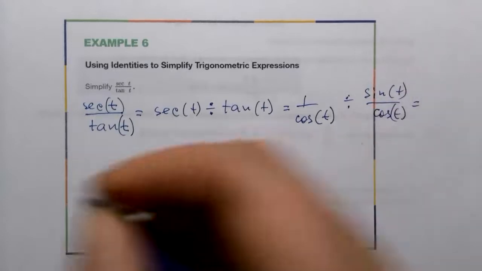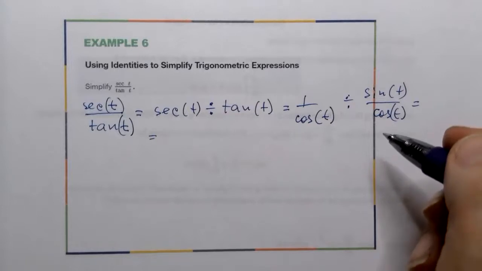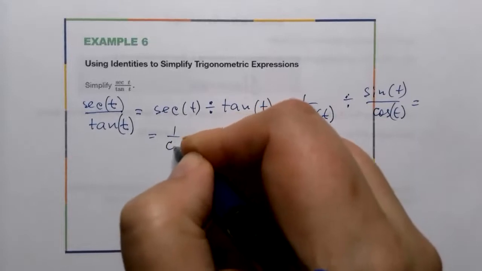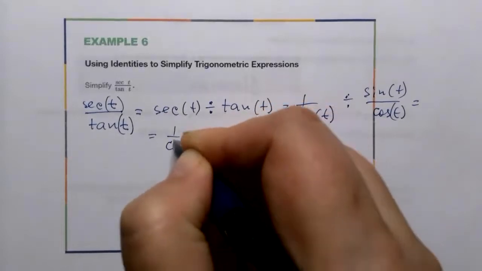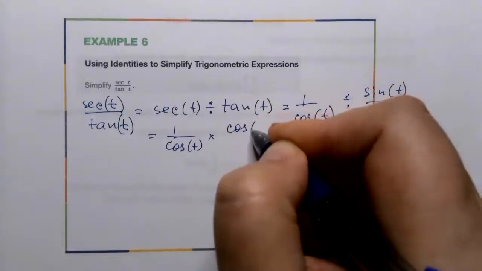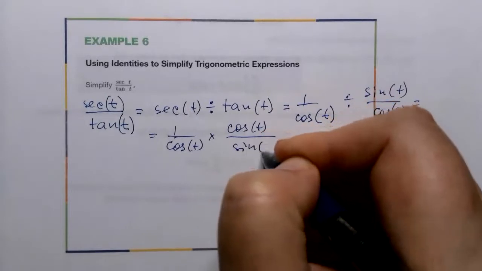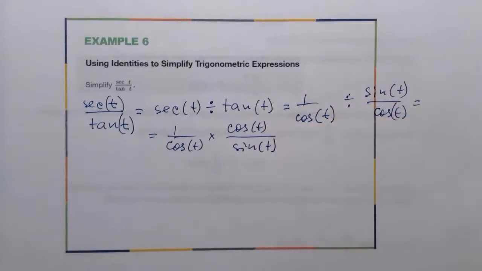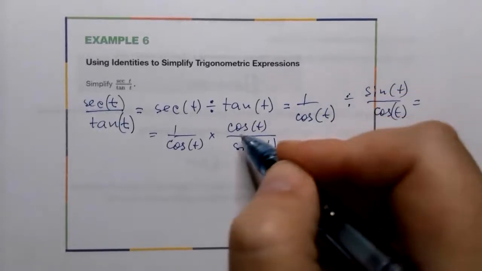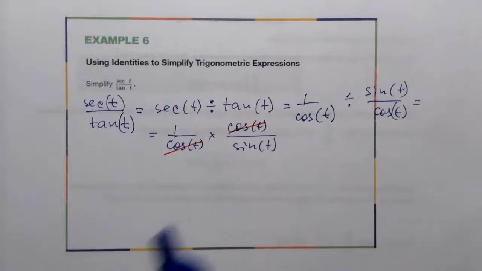So let's apply our rules for multiplying fractions. We're going to copy 1 over cosine t, turn division into multiplication, and flip the second fraction. And we're going to cancel out the similar factors, cosine t on the bottom and cosine t on the top.